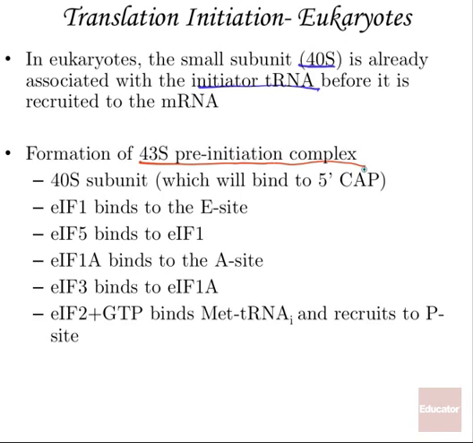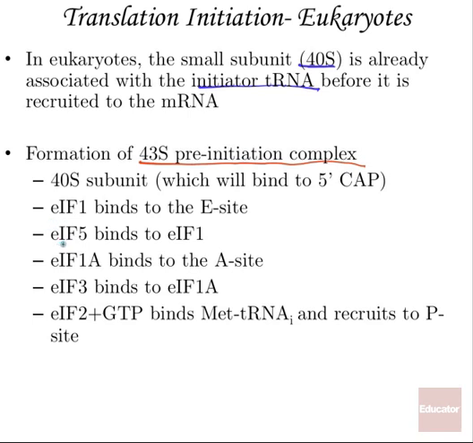We have the 40S ribosomal subunit, okay, and that's going to bind to the 5' cap of the eukaryotic mRNA. Remember, the eukaryotic mRNA has the 5' cap, all right? Now, after the 40S subunit binding to the cap, we have eukaryotic initiation factor 1 binding to the E site.